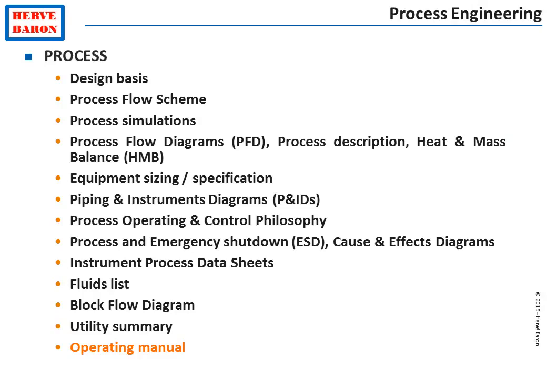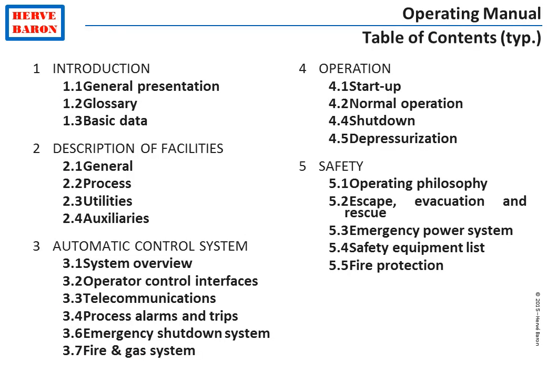The final activity of the process engineer is to issue the plant operating manual. The operating manual contains, first of all, a description of the facility. It contains a special focus on the process control system, which is the interface between the operator and the plant.